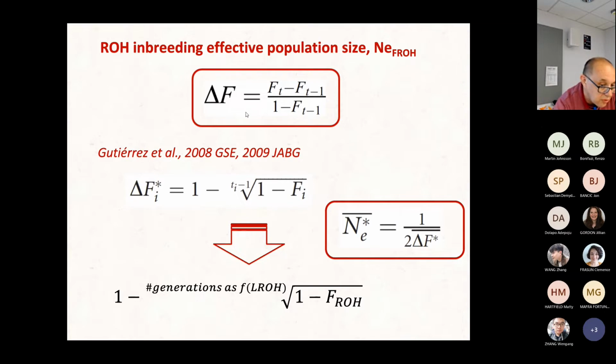This is actually the formula derived by Gutierrez. Our suggestion is that we should do it in the same way as in the pedigree, replacing the complete generation equivalent with the number of generations derived from the length of the segments we assume are autozygous. If we do this, we get values that correspond quite well to effective population size.